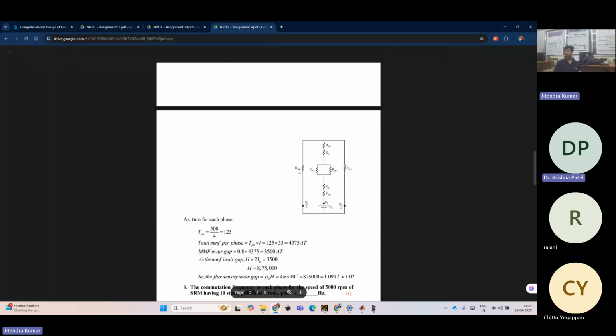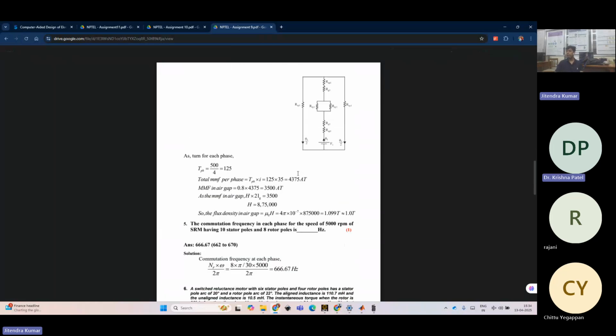So divided by 1.8, it should have been 437. Total MMF is... let us solve this.